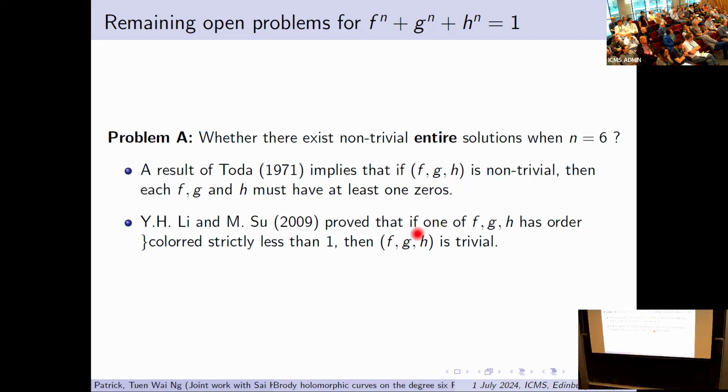And then there's another interesting case. If you assume F, G, H, all of them should have order strictly less than 1, then the solution has to be trivial.